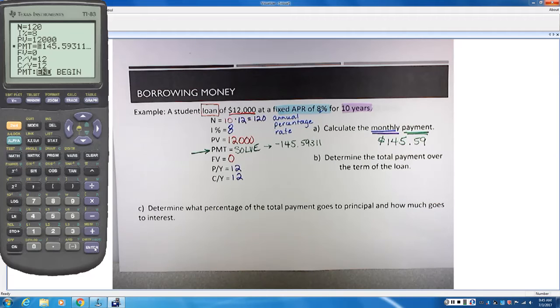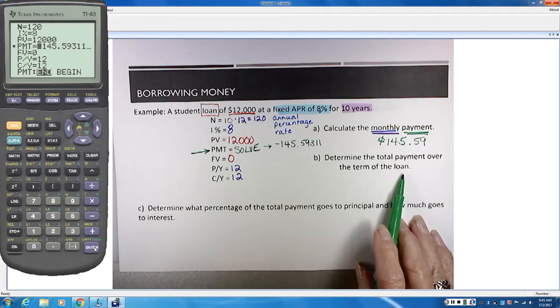And then it says determine the total payment over the term of the loan. Now this one you do have to do the arithmetic.